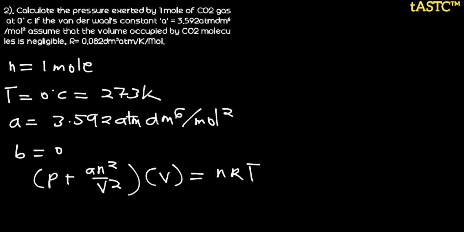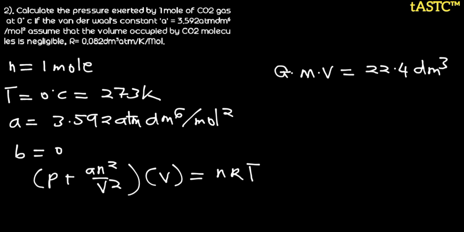Notice that we were not actually given the volume. So how can we find this? If you were told that the volume occupied by the CO2 molecules, or the molecules of any gas at all, is negligible, then you take the gas molar volume. In this case, we have CO2 gas, and we're going to take that as a normal gas whose GMV, which is gas molar volume, is 22.4 dm^3.